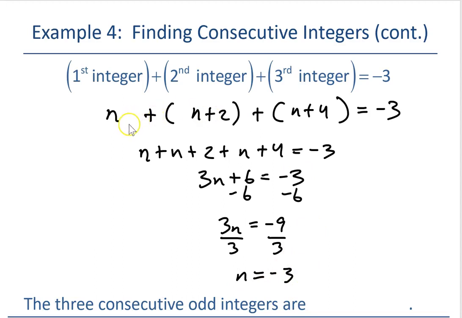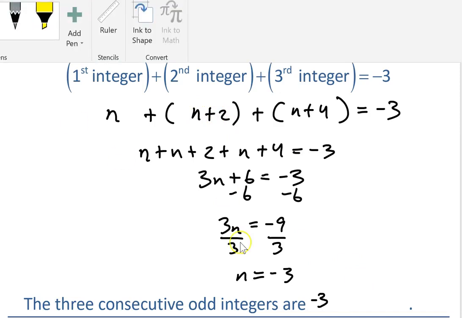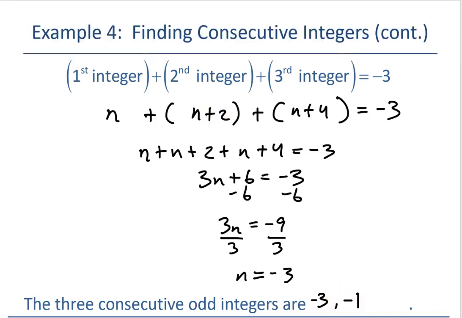Okay? So, let's plug it in. Well, my first one's obviously going to be the n. It's going to be negative 3, because it's just an n. Well, then plug this negative 3 into this part of the formula here. Well, negative 3 plus 2 is going to give me a negative 1.